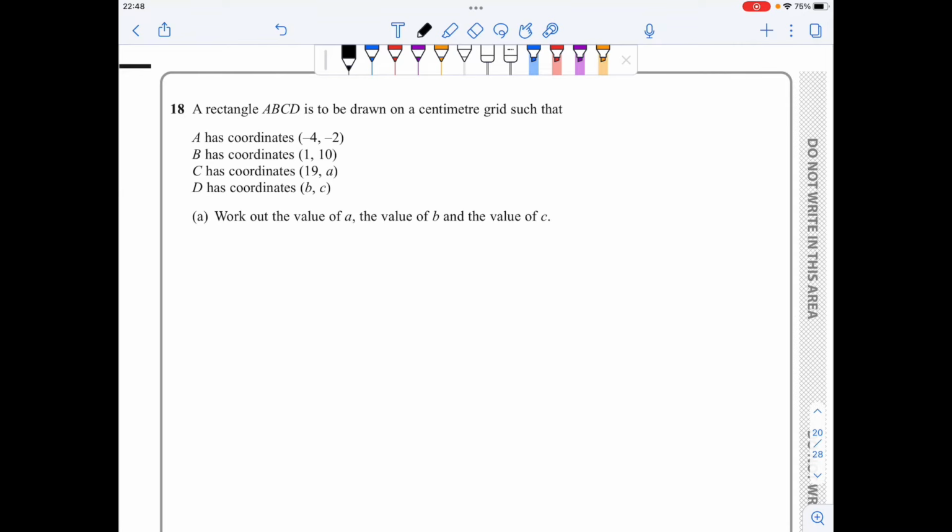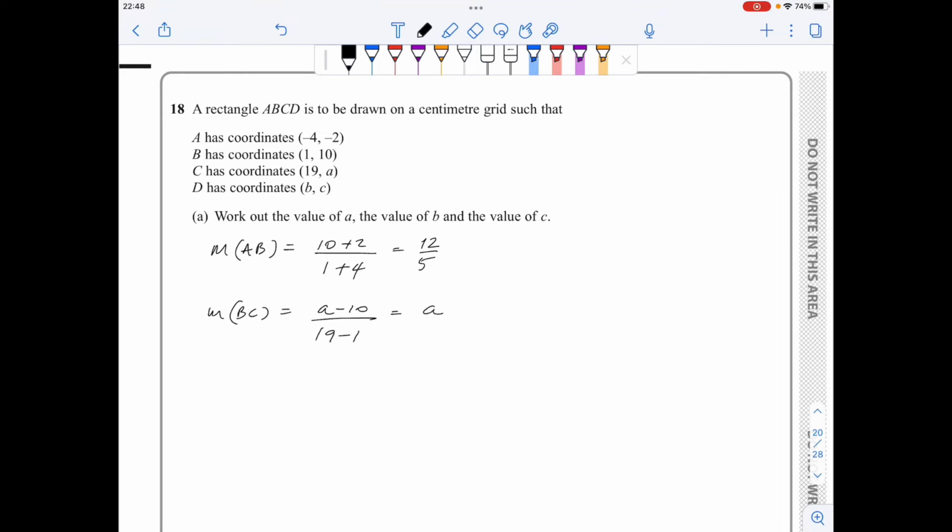In question 18, I'll find the gradients of all the sides. So let's start. M of A and B is equal to 10 minus minus 2 over 1 minus minus 4. This will give me 12 over 5. The gradient of BC is given by A minus 10 over 19 minus 1.